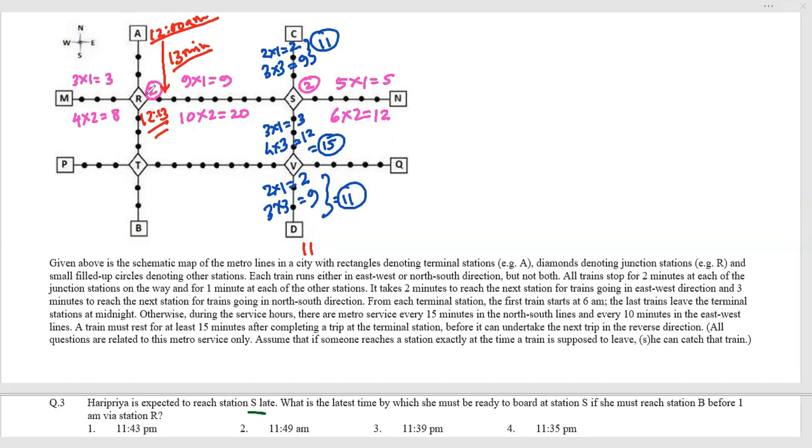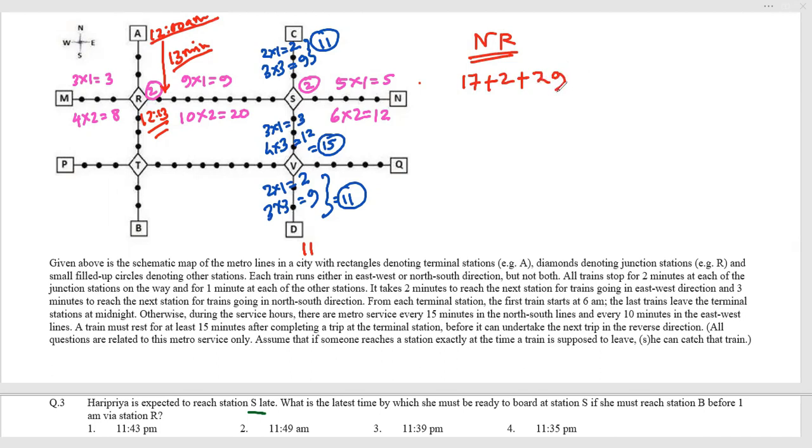Now, I need to consider that to reach 12:13, what should be the timing? That means from N, what time will the train reach just before 12:13? That I need to know. So from N to R, the time requirement is actually 17 plus 2 plus 29.